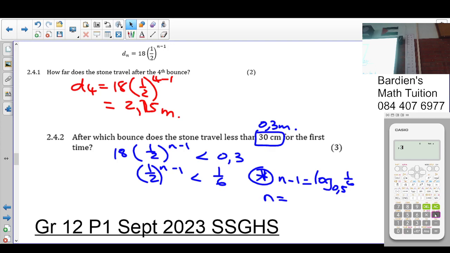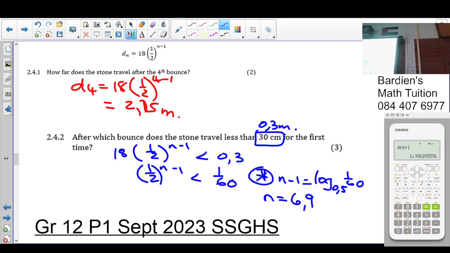That was 0.3 divided by 18, so 60, not 6. Let's put this up here again. So 60. That gives 5.9 plus 1, which is 6.9.